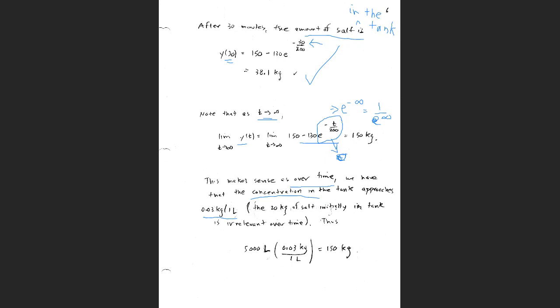And so the concentration of the briny solution is 0.03 kilograms per liter, and you multiply that by the 5,000 liters, that's the size of the tank, you're going to get 150 kilograms.